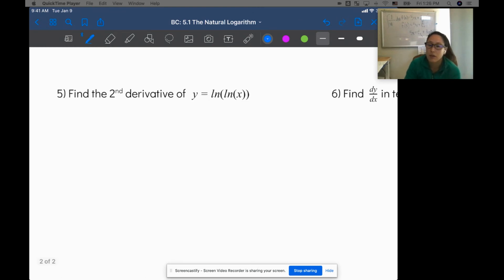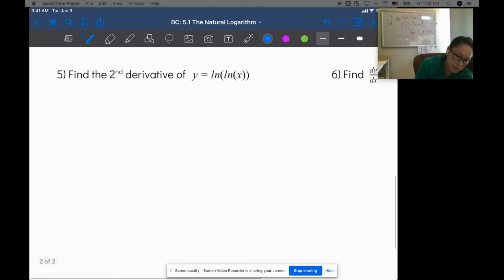Find the second derivative of y equals the ln of ln x. Gross. All right, we have y prime, or dy/dx, is equal to, this is definitely chain rule. I have the outside function ln, the inside function is ln of x, and the innermost is x.